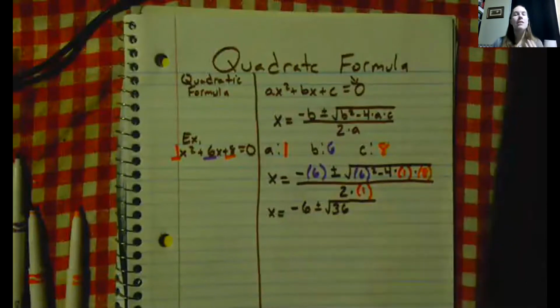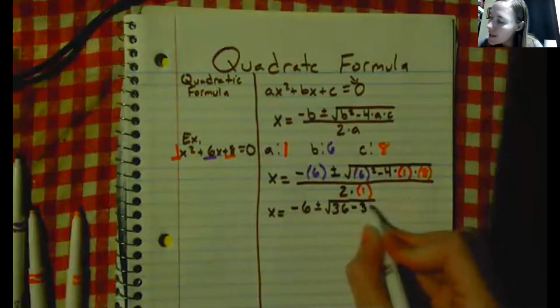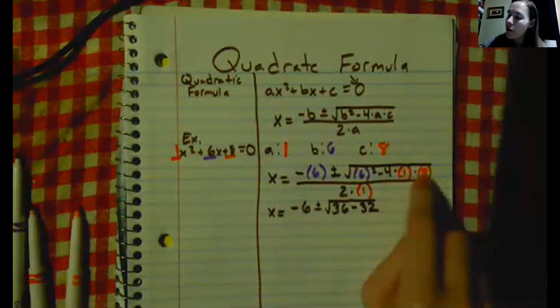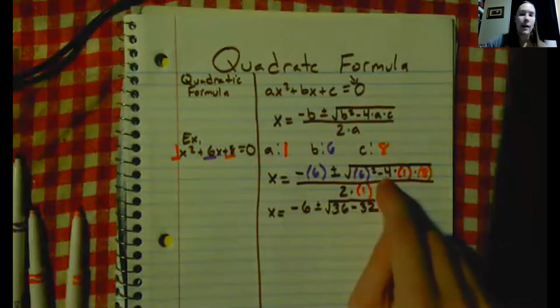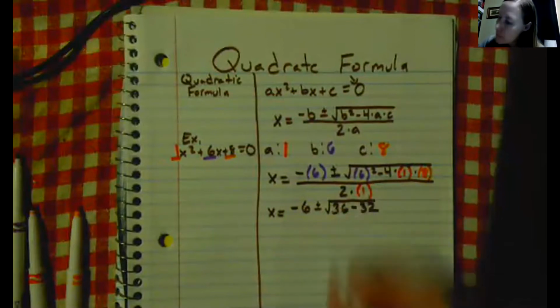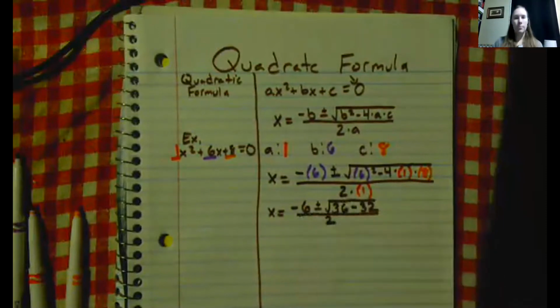And when I put that into my calculator, I would get a minus 32. You want to be very careful if you have other negatives that you include the negative from the minus 4, because that will change if you're adding or subtracting here. And then it's all over 2 times 1, which is 2. So I just got from a very complicated looking thing to still complicated, but a less complicated thing.